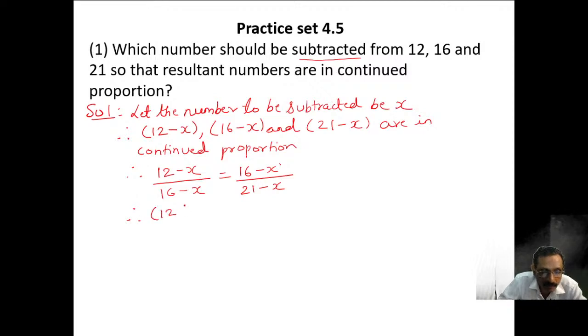12 minus x, and what we have here, 21 minus x, is equal to 16 minus x, and again this comes this side, we have 16 minus x.